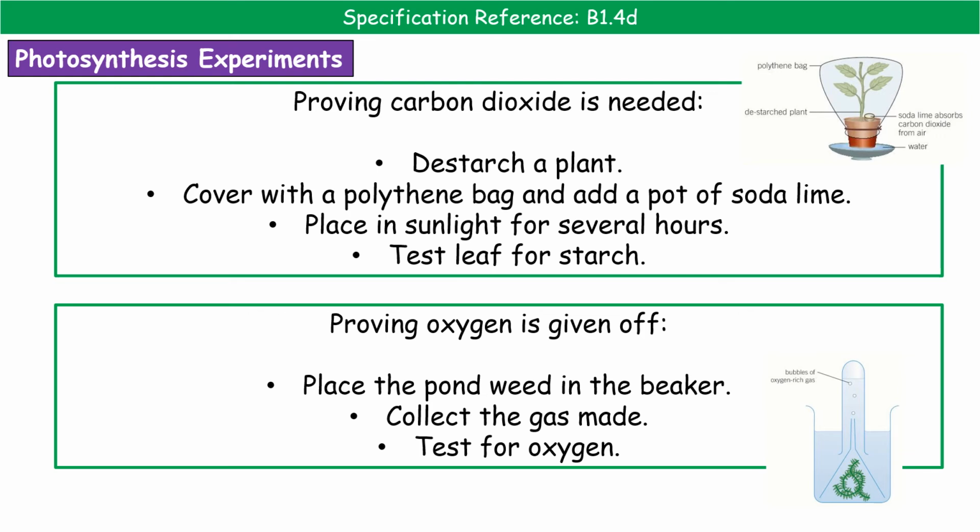And then we've got a test tube upturned over the top. So the test tube is filled with water, and then what happens as the gas is made, it collects in the tube, pushing the water out. We can then remove the tube and then test it for oxygen. A glowing splint relights. Assuming that happens, we have oxygen. If it doesn't, we clearly have no oxygen.